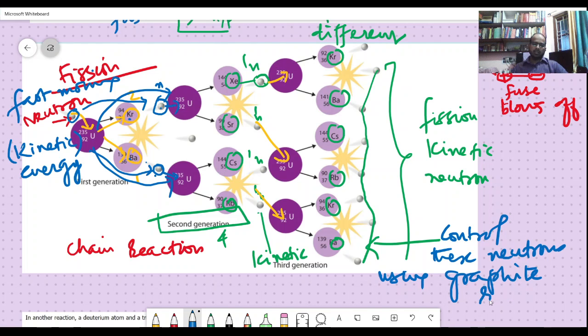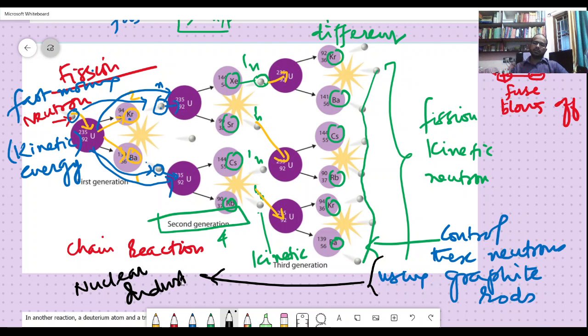If you do so, then you are using it in the nuclear industry. Remember, this energy is so huge that you can use it for powering electricity.